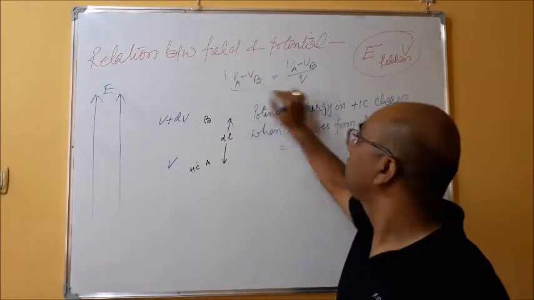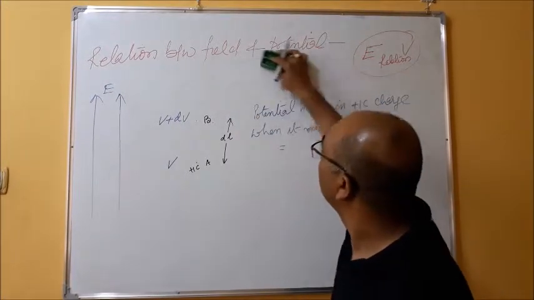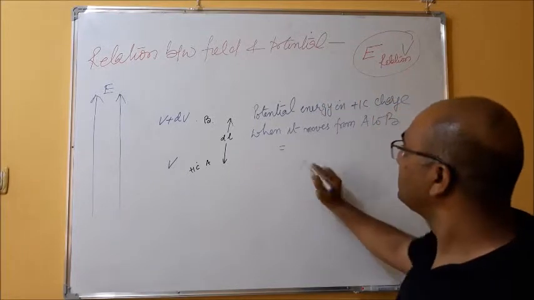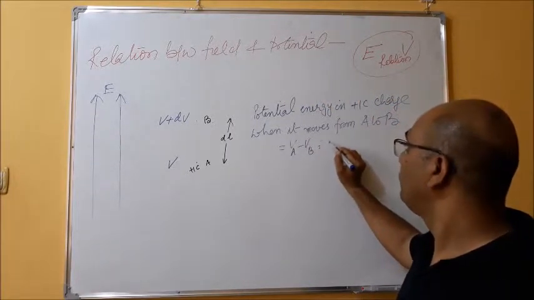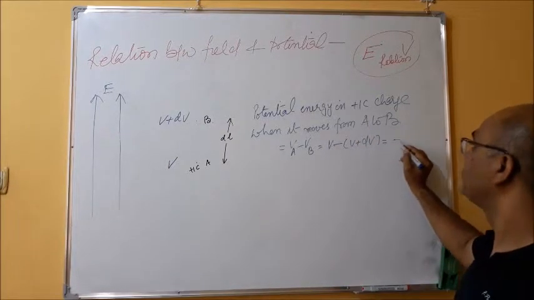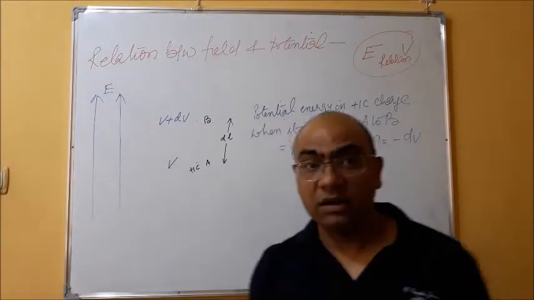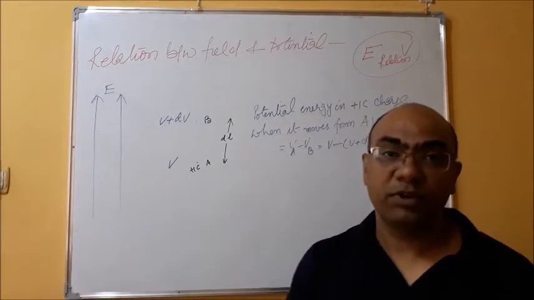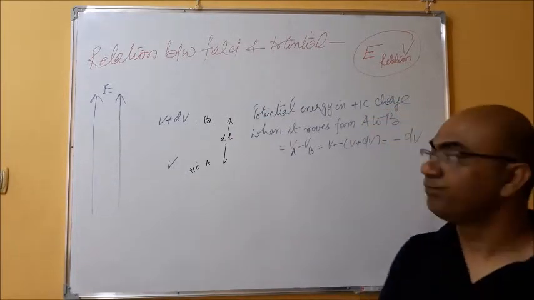So if I'm using this, I will get the potential difference VA minus VB. So V minus (V plus dV) equals minus dV. So this will be the potential energy which will be stored in this plus 1 coulomb charge when it moves from point A to point B.